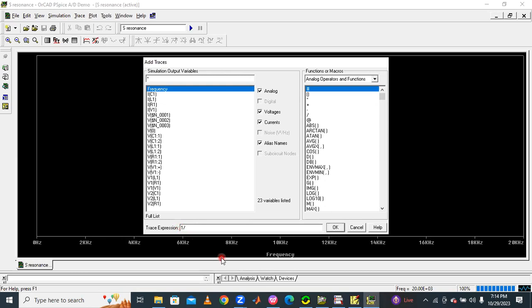Trace expression: 1 by, 2 into, and open bracket here also.